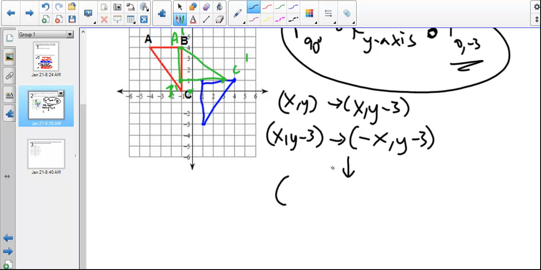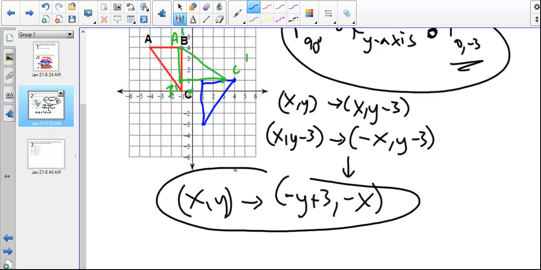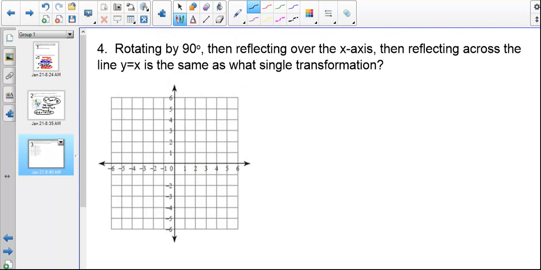Okay, so that means I have to change the sign. So this is going to be (y minus 3, negative x), but my original y coordinate changes sign, so I need to multiply it by a negative. And so my final rule, if I did this all at once, would be (x, y) becomes (negative y plus 3, negative x).